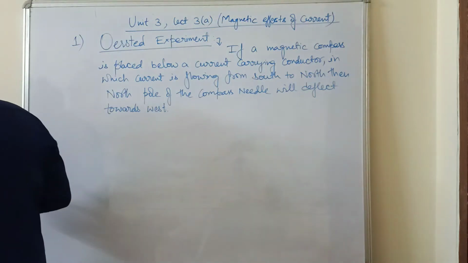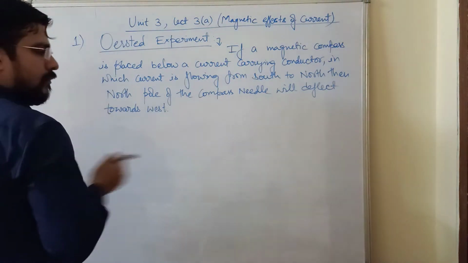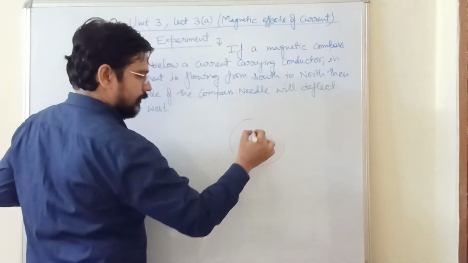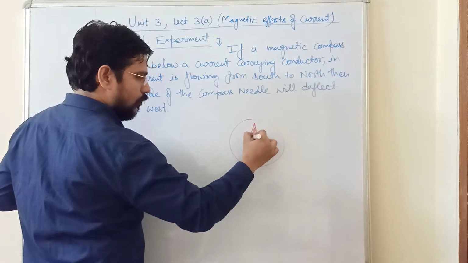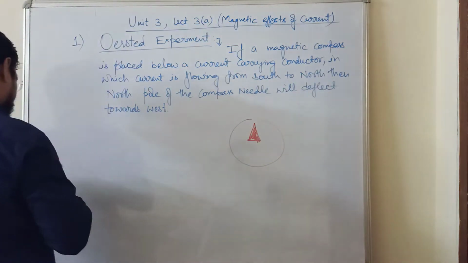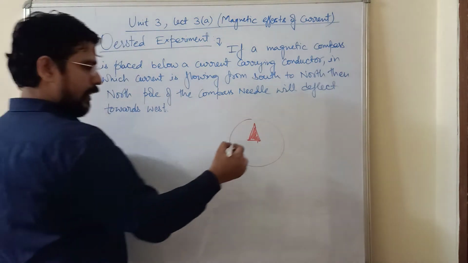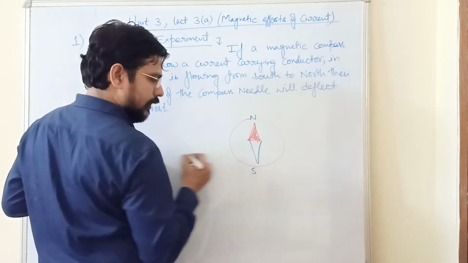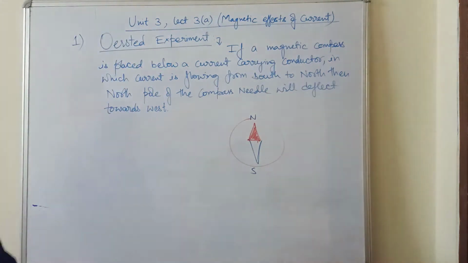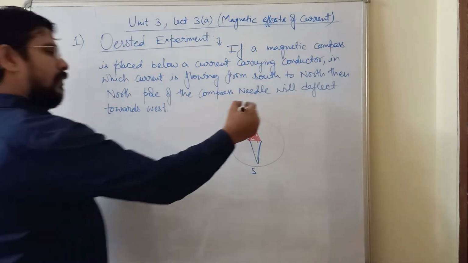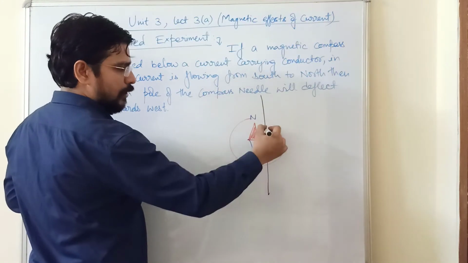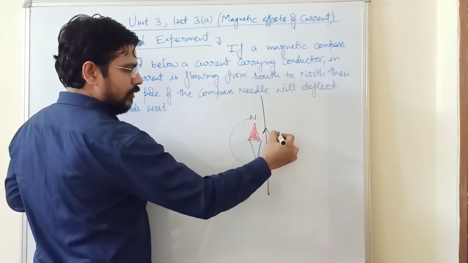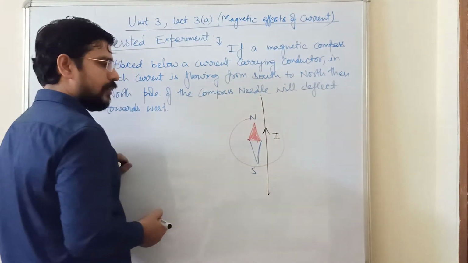So if this is your compass and this is your compass needle, north pole, which is generally represented by red color, and then you are having your south pole, the north pole of the needle and the south pole of the needle, and the needle is placed below a conductor in which current is flowing from south to north direction.